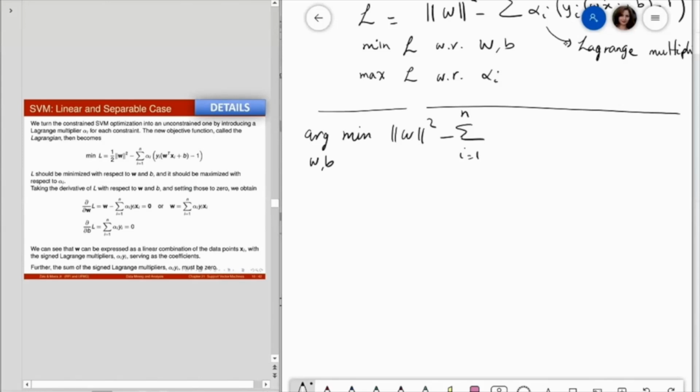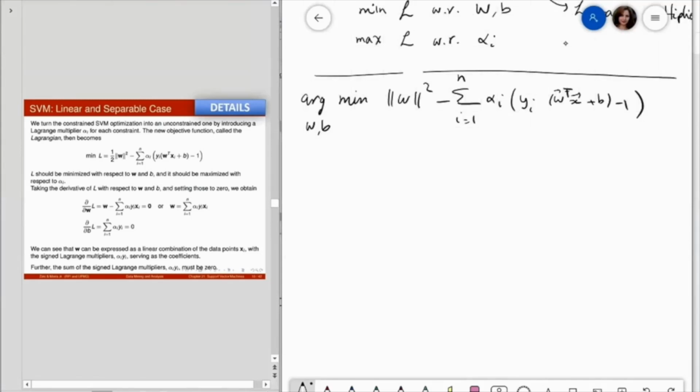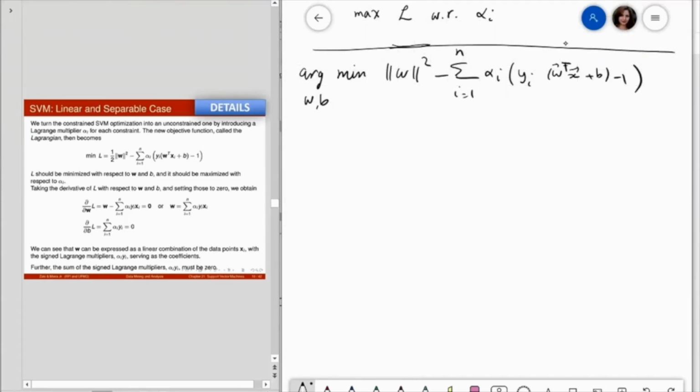For each data point we have one of these constraints: alpha i, yi (w transpose x plus b minus 1). We want to minimize this. How do we do that? Again, because it is a convex optimization function, we can just take the derivative of this with respect to w and with respect to b, set it to 0 and solve for it.